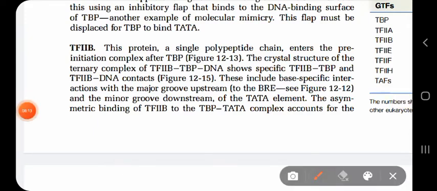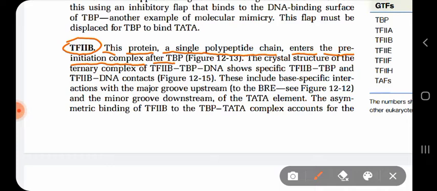Well, TF2B, this protein is a single polypeptide chain that enters the pre-initiation complex just after TBP binds.